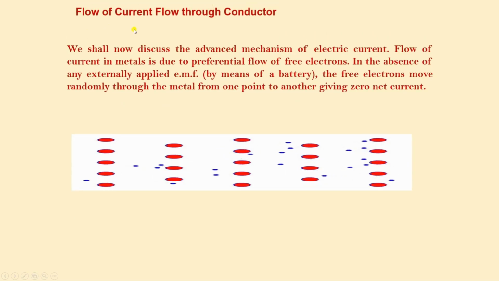Then the flow of current through the conductor. We shall now discuss the advanced mechanism of electric current. Flow of current in a metal is due to the preferential flow of free electrons. In the absence of an externally applied EMF by means of a battery, free electrons move randomly through the metal from one point to another, giving zero net current.